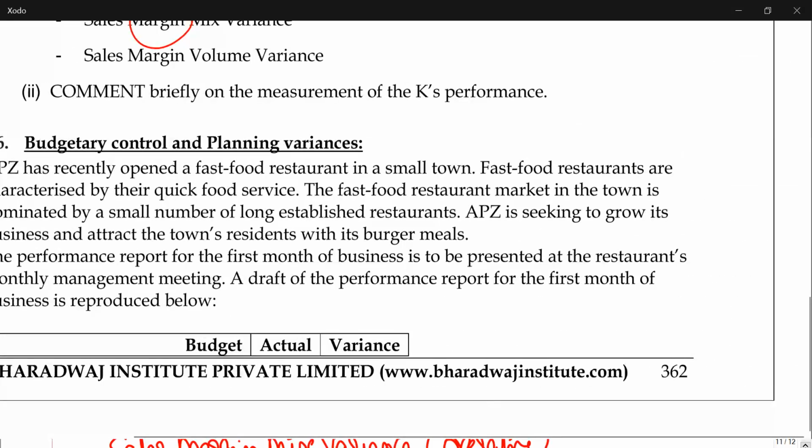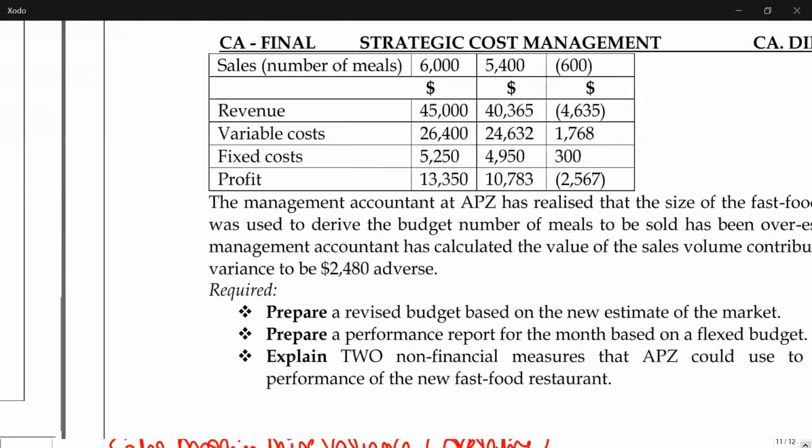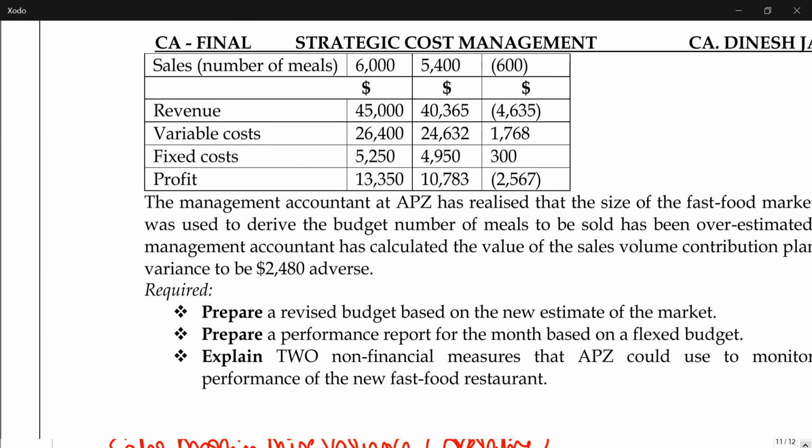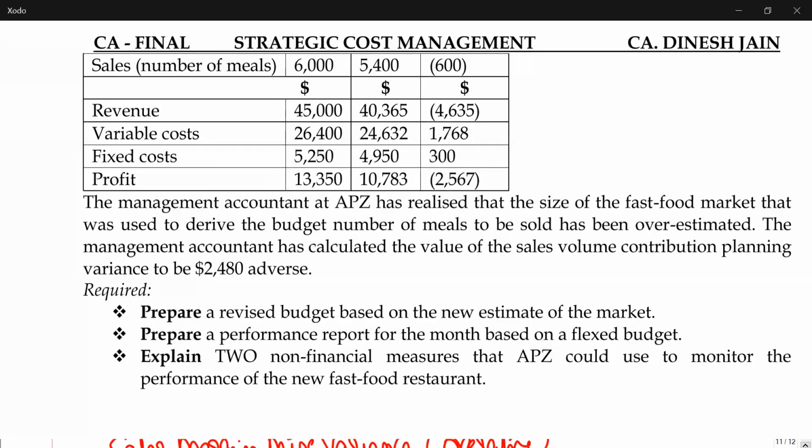They have given the details of a company and a budget. Budget is for 6,000 units, actual is for 5,400 units, and there's a variance of 600. The management accountant has realized that the size of the fast food market that was used to derive the budget number of meals to be sold has been overestimated. He made a mistake in doing the estimation.